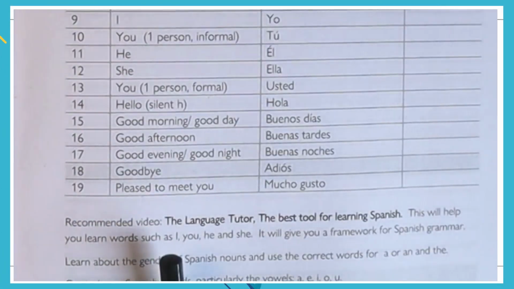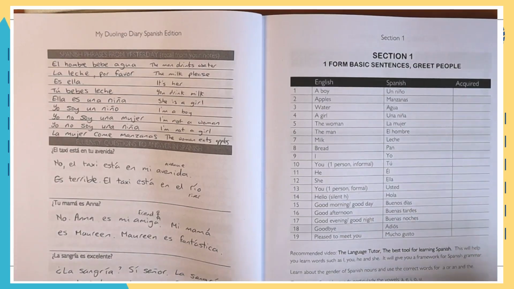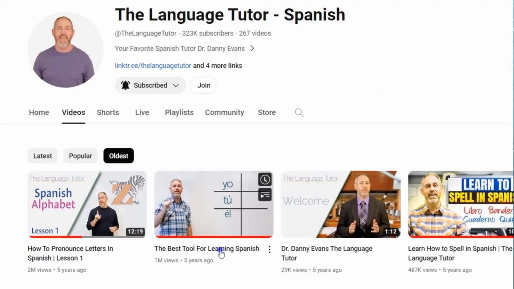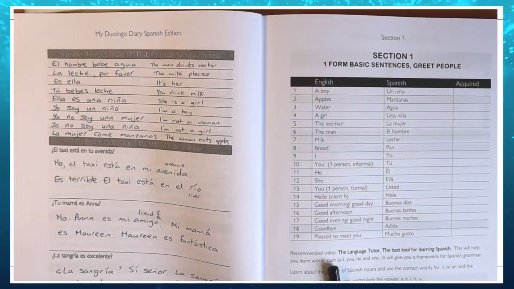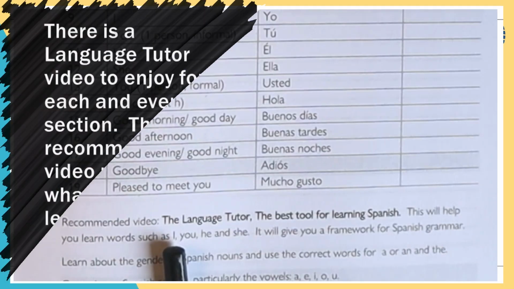At the bottom of each vocabulary list, there is a recommended language tutor video, and I really do think that you should start your Spanish journey with the best tool for learning Spanish. It's very important. These language tutor videos explain the grammar in a way that you're really going to be able to access.